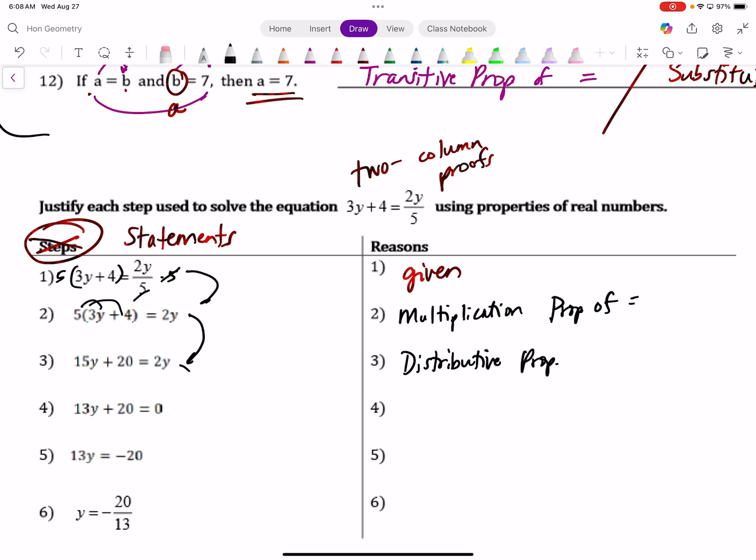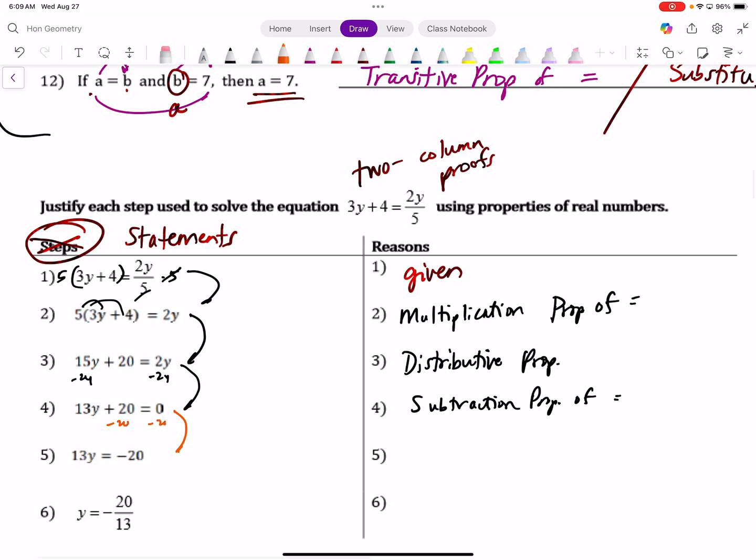All right, how did they get from here to here? They subtracted 2y off each side to end up with what's there. So this is the subtraction property of equality, because we're talking about numbers. How did they get from step 4 to step 5? They subtracted 20 off both sides.